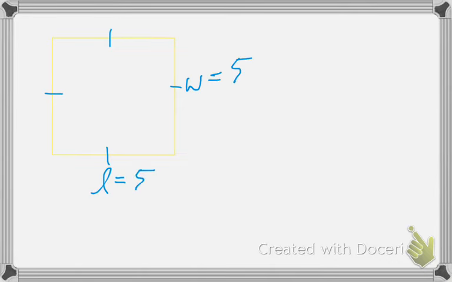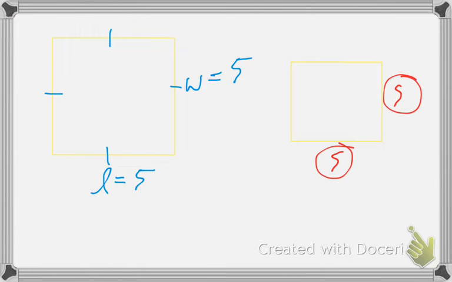Because a square means that all the sides are the same length. That's why I have these geometry marks there. So instead of length and width, in math, pretend this is a square here, we like to use side and side for a square. So S and S, you can use the same variable because it's the same measurement.